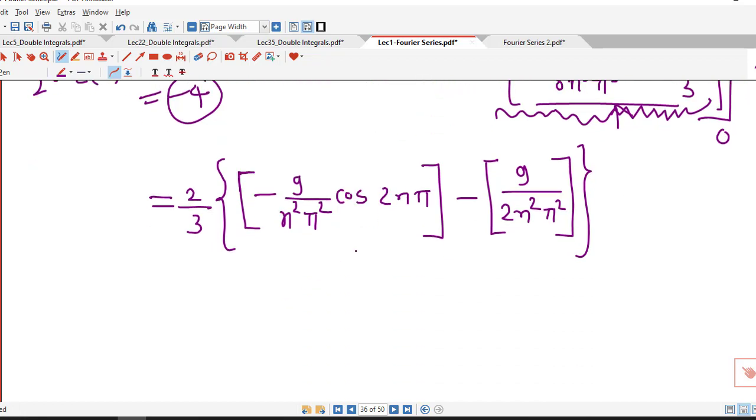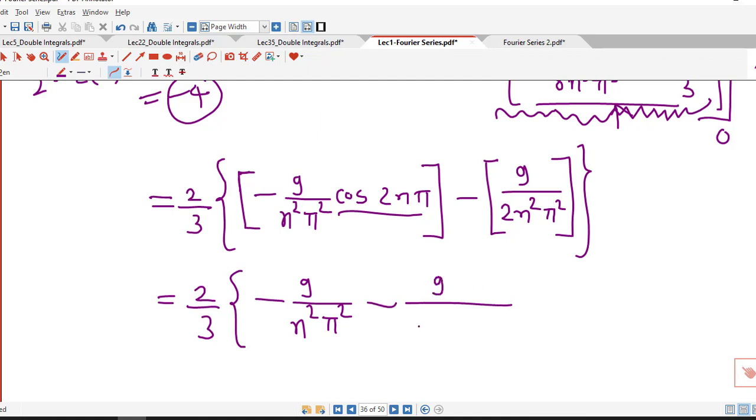And now this is equal to, here cos 2n pi is there, so we know that cos 2n pi is 1. So we have minus 9 divided by n square pi square minus 9 divided by 2n square pi square.